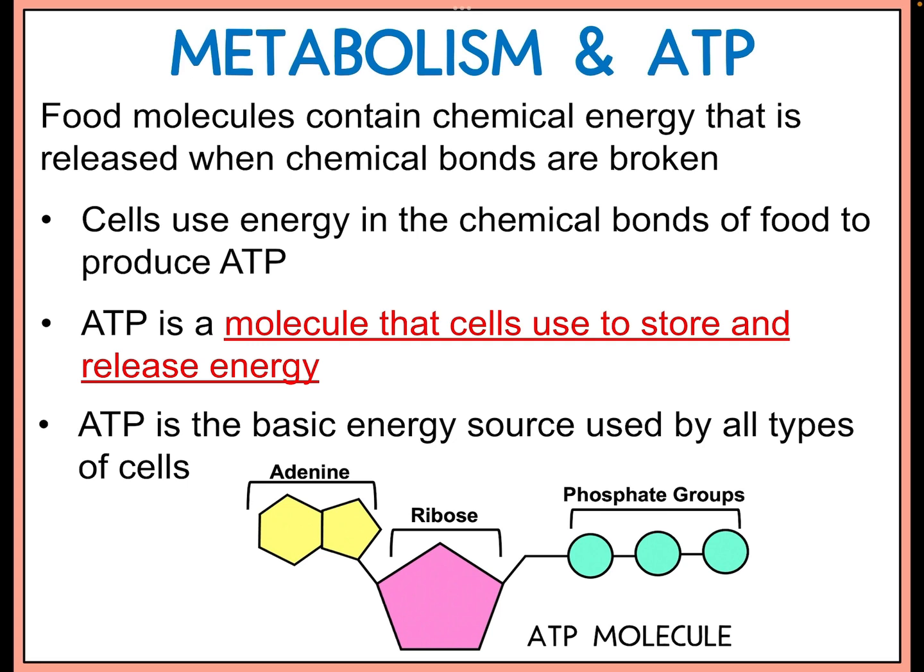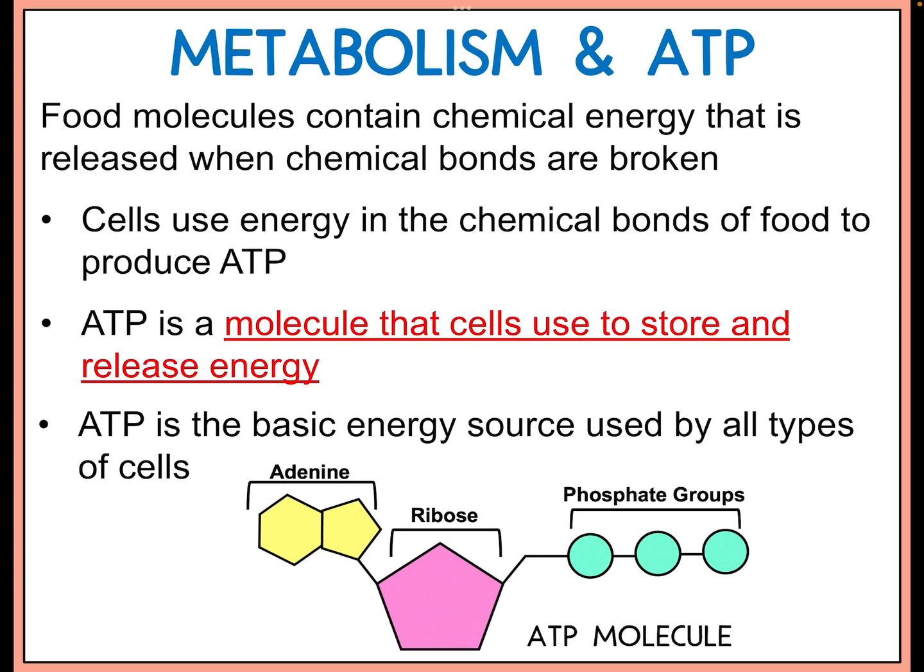Our food contains chemical energy, and the energy is released from that food when those chemical bonds are broken. Our cells use energy that is in those chemical bonds to make ATP.